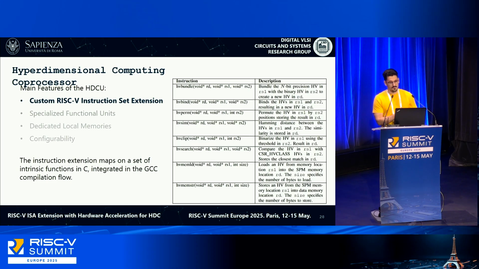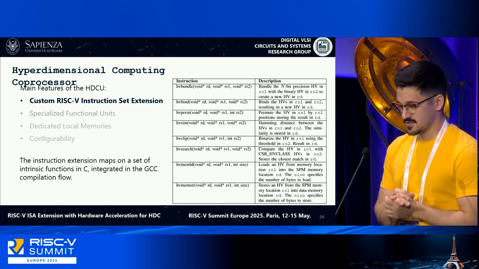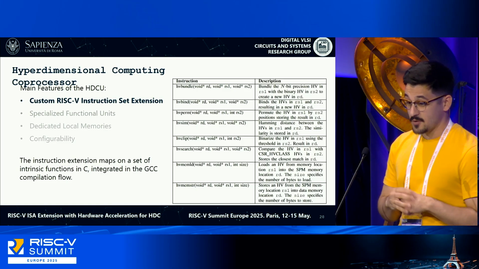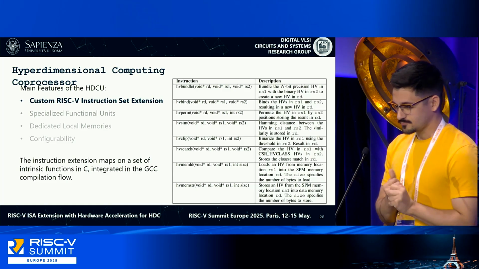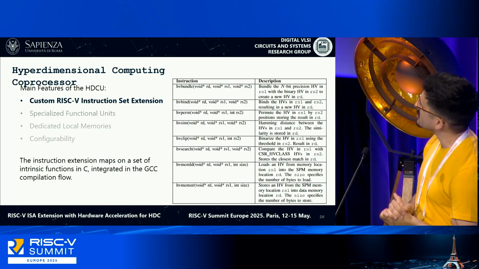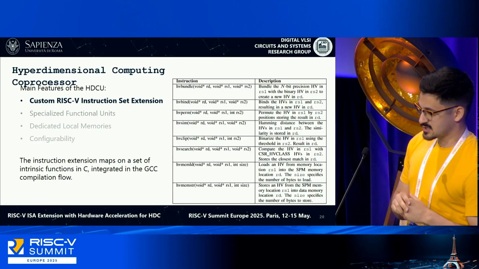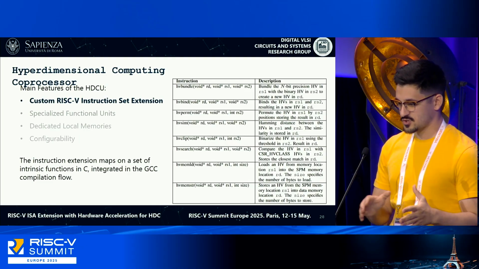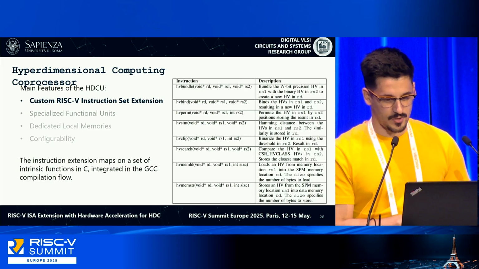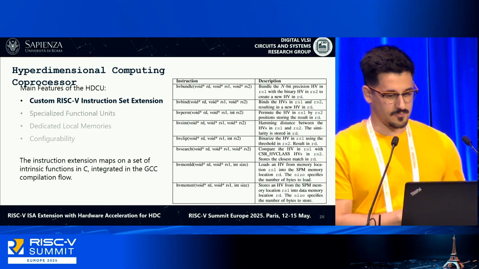Obviously, one of the biggest strengths of RISC-V is its open and extensible instruction set architecture, and we took full advantage of that. To control the accelerator, we designed a custom instruction set extension that introduces dedicated instructions to support all the fundamental arithmetic operations used in hyperdimensional computing.